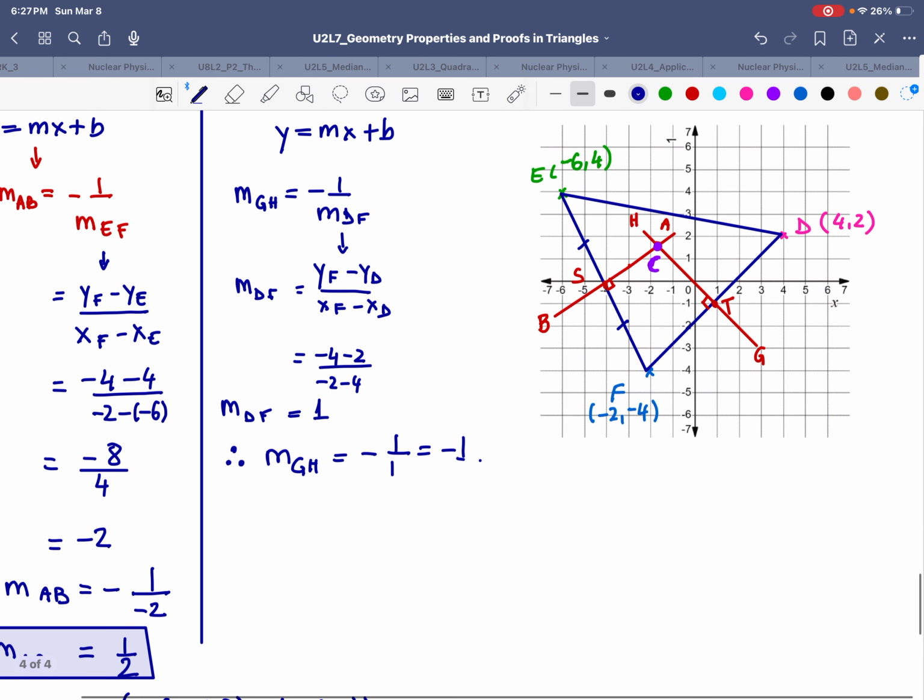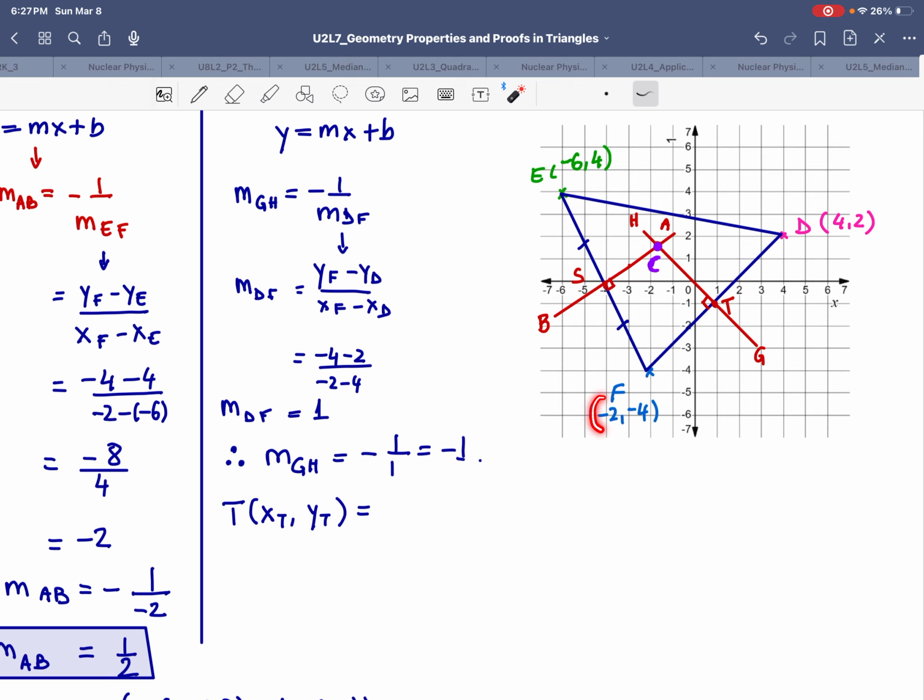Now, again, we're going to need a point, and as a point on this right bisector, we are going to use the midpoint T. So the point T, with coordinates x_T, y_T, will be the average of the x coordinates, -2 plus 4 divided by 2, and the average of the y coordinates, -4 plus 2 divided by 2.